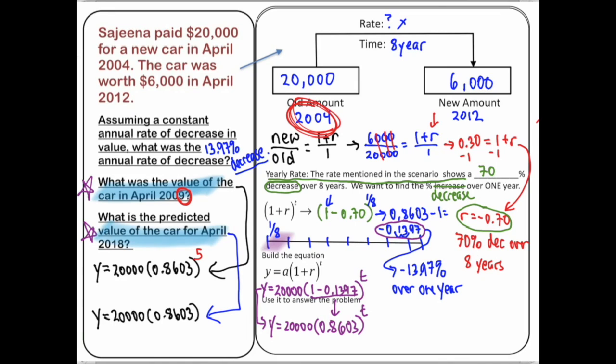So that is going to be our first thing that we put in the calculator, and that's going to give us the value in April 2009 of the car that Sanjina purchased. Punching that in, we get $9,424.96. And so that's how much it was worth in April 2009.